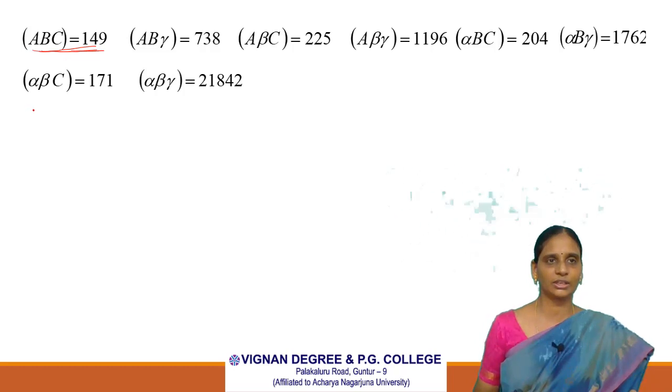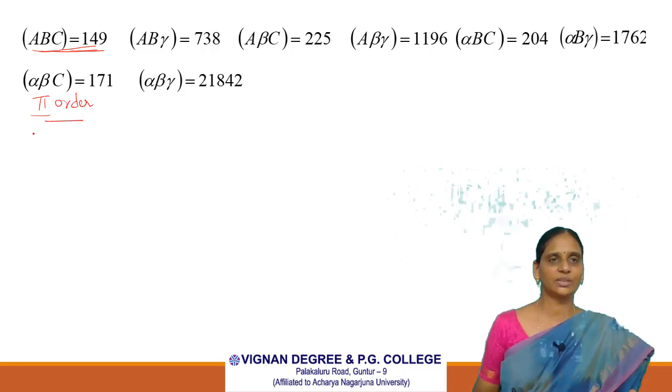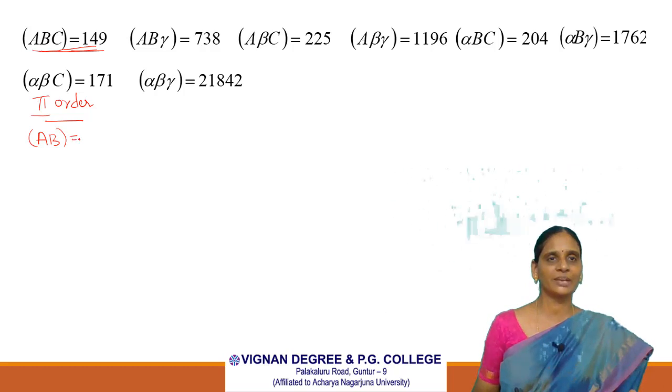In the second order, the positive class frequencies are, first one is frequency of AB. Frequency of AB is equal to frequency of ABC plus frequency of AB gamma.